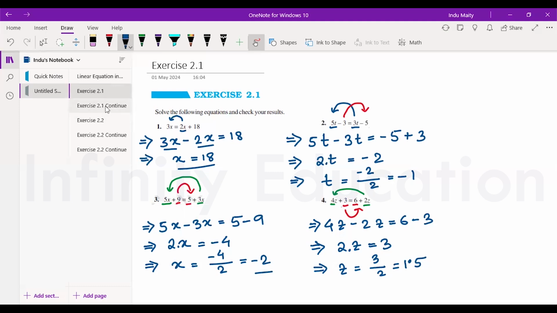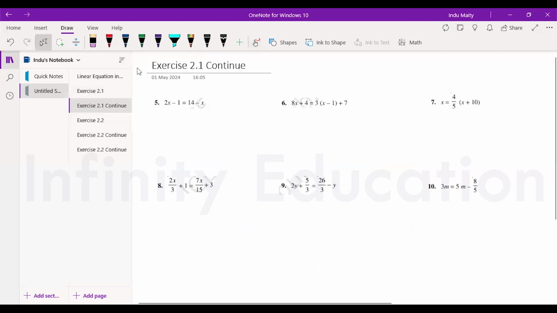Let's see some more examples. Okay. Again, positive 2x, negative x. So this will come to this side, and negative 1, positive 14. So negative 1 comes to this side. So 2x as it is. So negative x on the right side, if we take it to the left side, will be positive x, is equal to this 14 as it is.